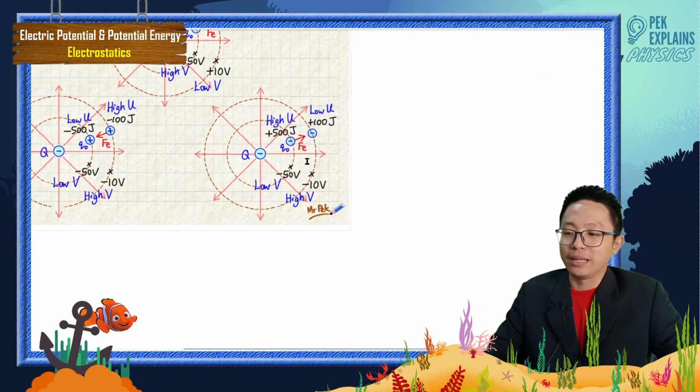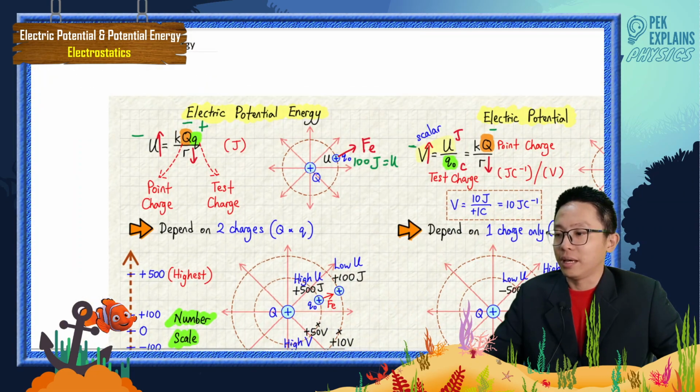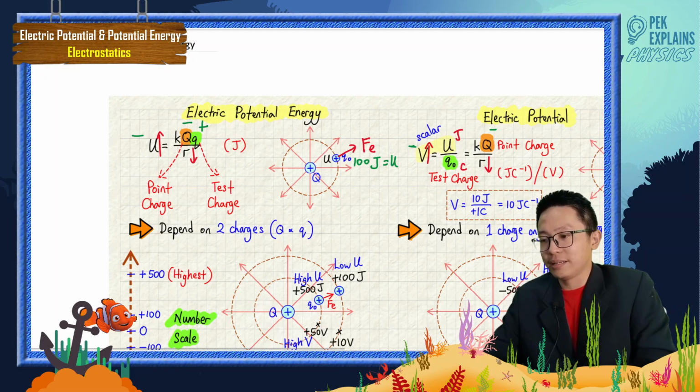Okay, the last one. Why is it a positive potential energy? Because we have a negative point charge and a negative test charge. So let's substitute the signs, negative, negative. What do we get? I know you know the answer. So let's work it out.